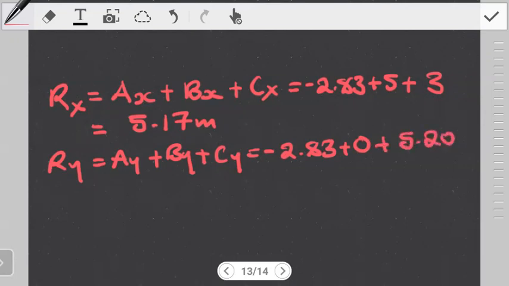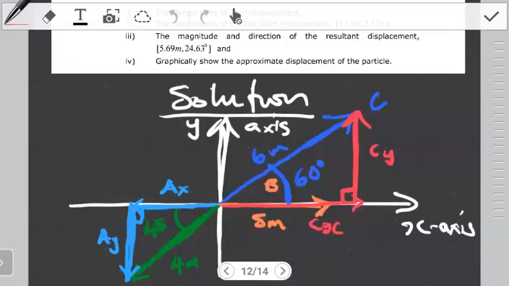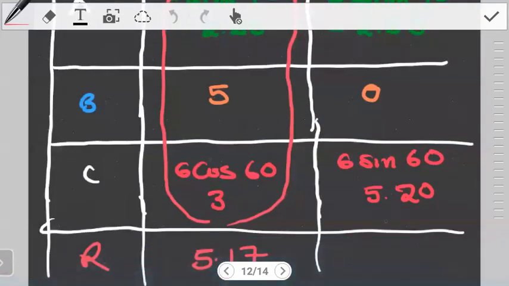Adding these, the y component of the resultant comes out as 2.37 meters. So from here, we can get this and fill it in our table. So that is 2.37.